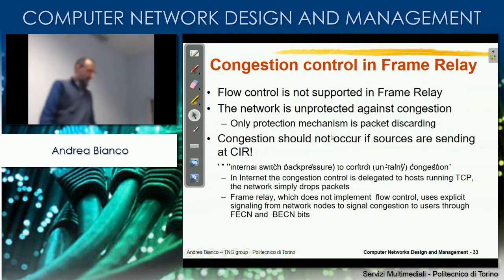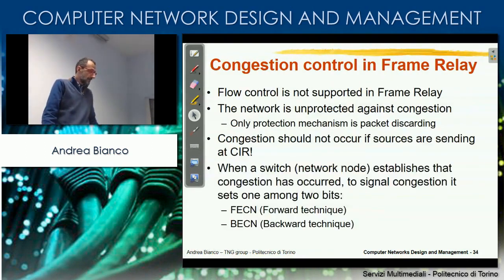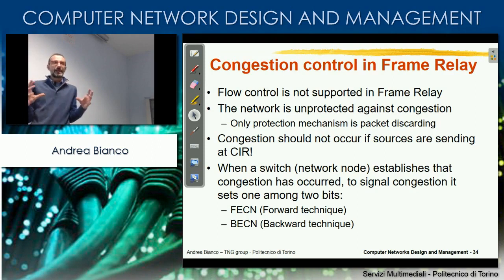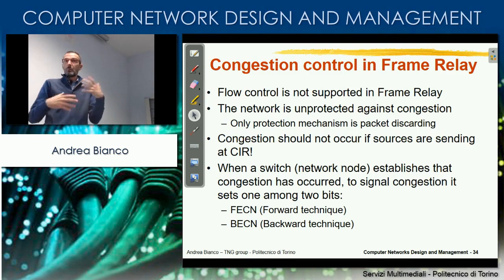So we know that we don't have, this is a summary of what I said. There are basically two mechanisms that are standardized, and those two mechanisms employ as a signaling feature 2 bits, which are a forward congestion notification bit and a backward congestion notification bit. Now I'm introducing again a very general concept. When you design any algorithm, you have also to match the complexity of the algorithm that you run with the ability of signaling information to your source.